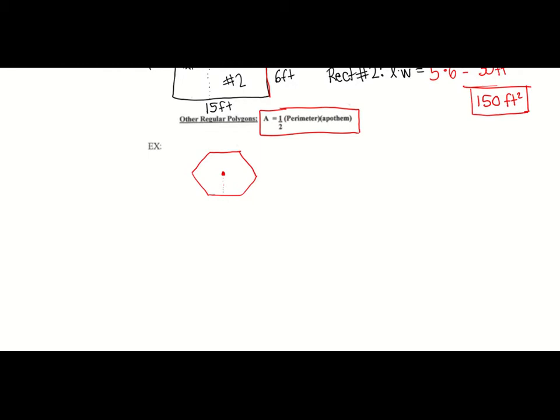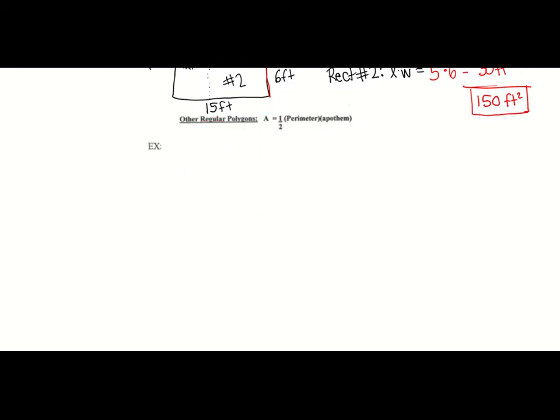So if we have a dotted line right here, you can see this line right here is our apothem. So it's the distance from the center of that regular polygon. Remember, it has to be regular, so all the sides are the same.